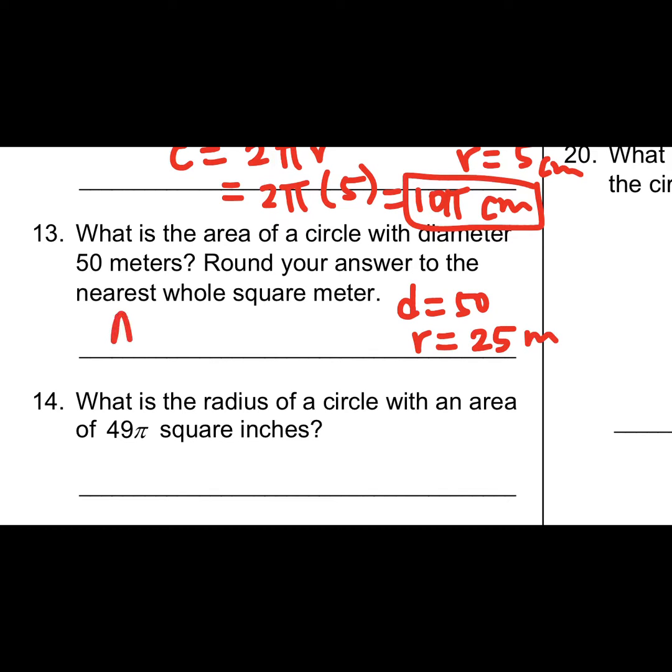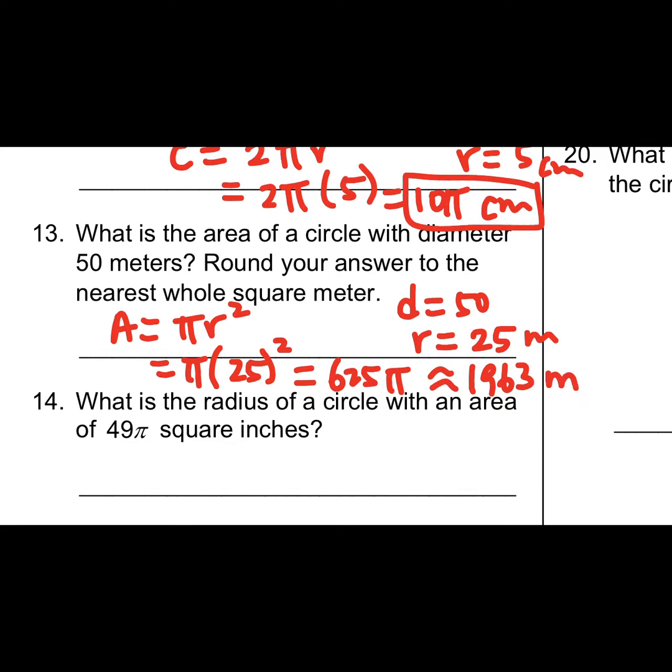Now we can use the formula for the area of the circle, which is pi r squared. So we're going to substitute 25 in for the radius and square that. That will give us 625 pi, which is approximately 1963 to the nearest whole number, and that is square meters. So those are both of the answers here.